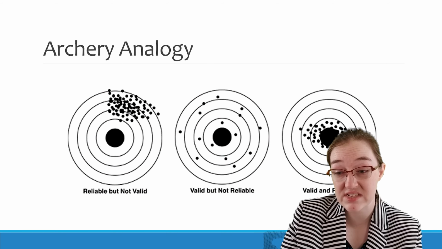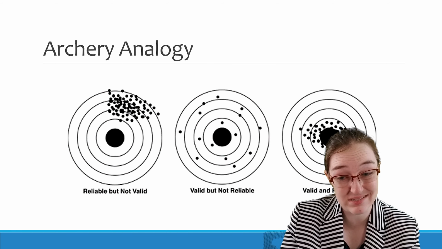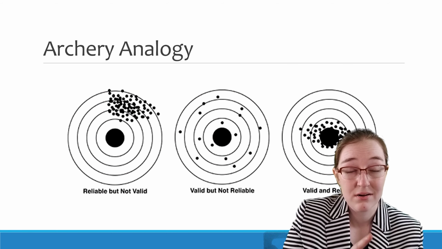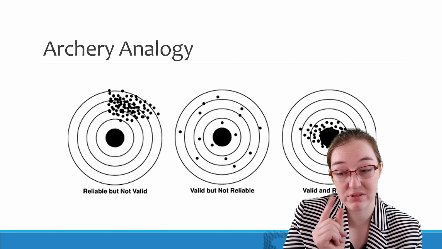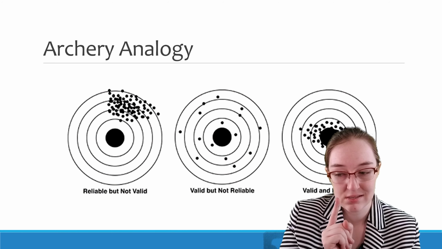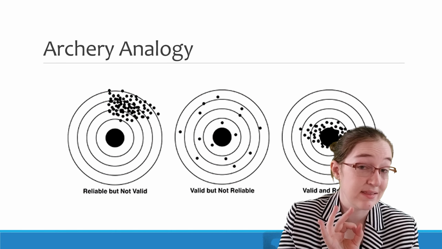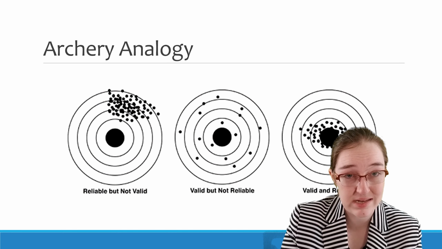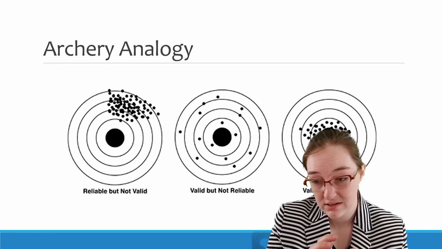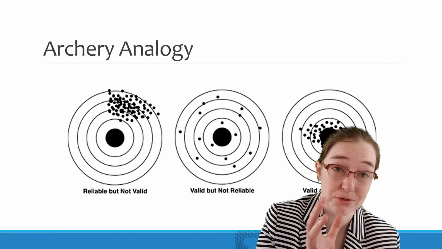So a key point that I'm trying to get across here is that the evidence supporting the reliability of the test can be based on the results of the test itself. However, evidence supporting the validity of a test, so that in this analogy, that's the bullseye itself, must come in part from external sources.